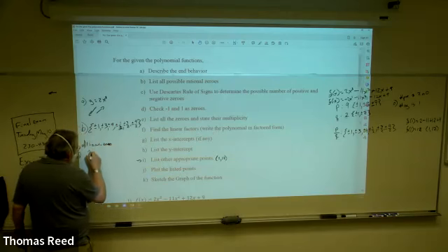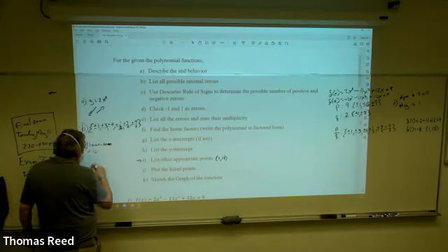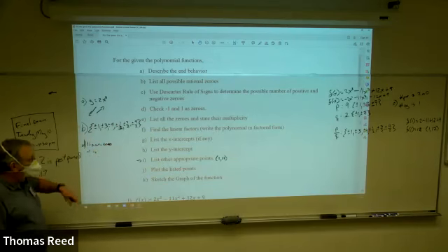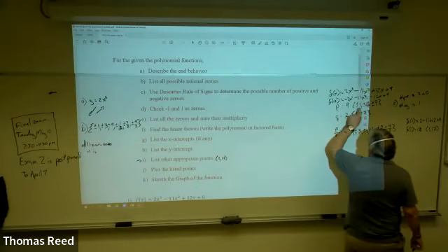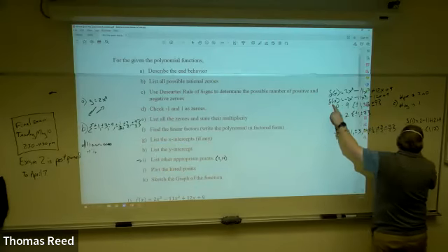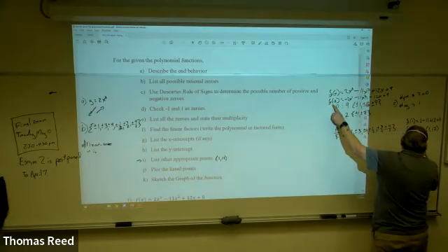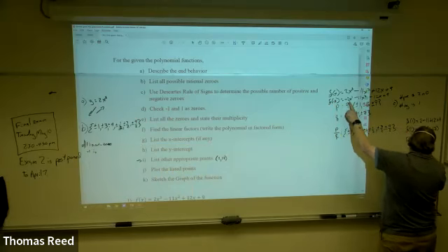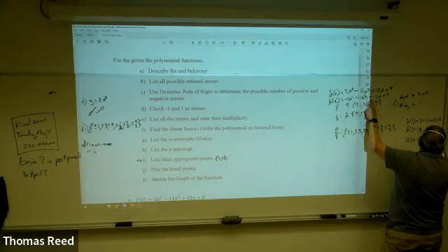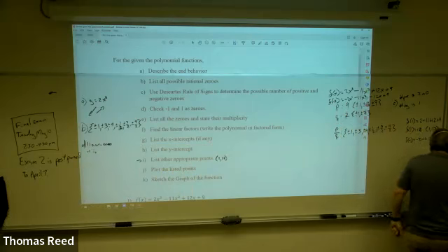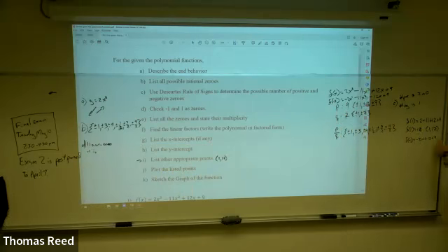And now I'm going to look at negative 1 to determine is negative 1 a zero or not. So I do the same thing, but now I'm going to look at my f of negative x. So f of negative 1 will be negative 2 minus 11 minus 12 plus 9. Well, there's no way this is going to equal 0.